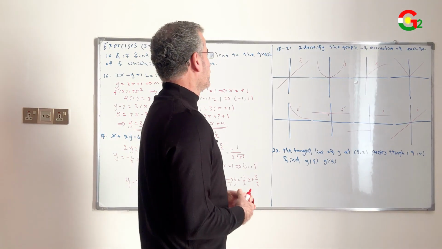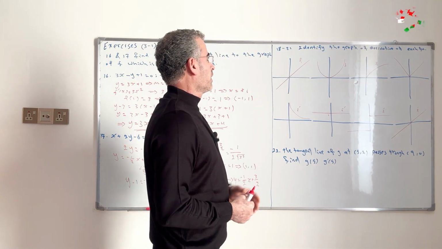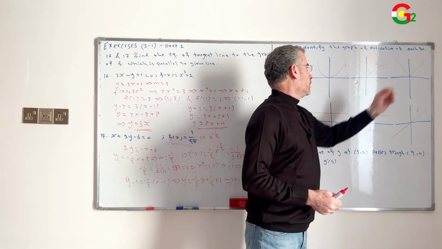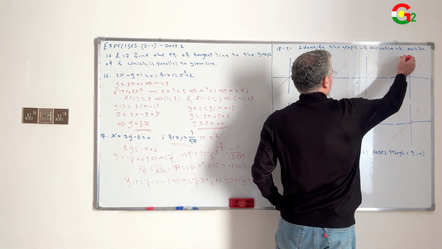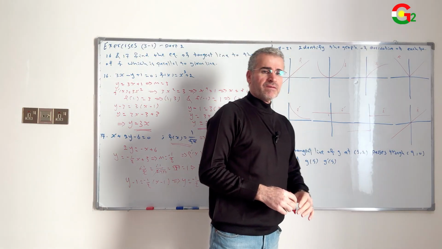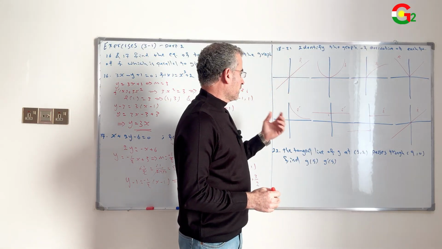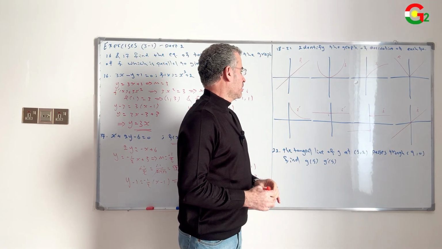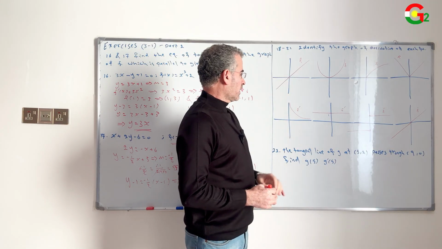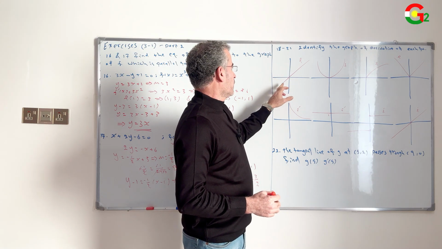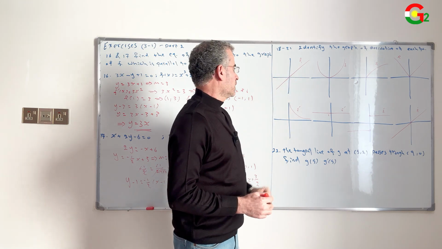Question number 18 to 20, identify the graph of the derivative of each function. We have 4 graphs of functions and 4 graphs of their derivatives. Match each function with its derivative graph. For the first function, we have a linear function.